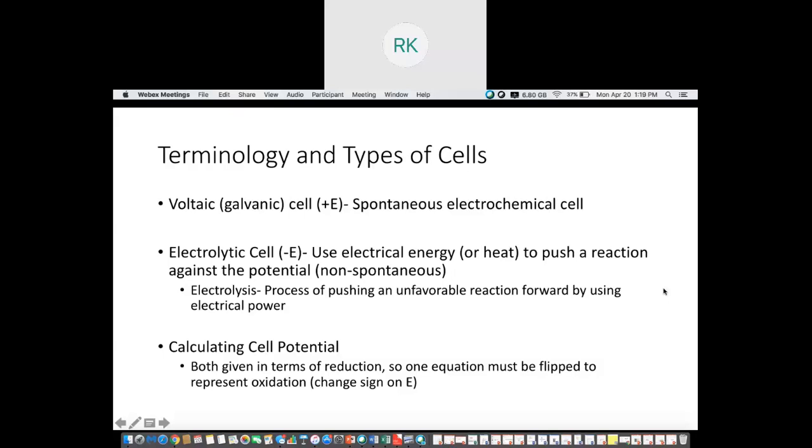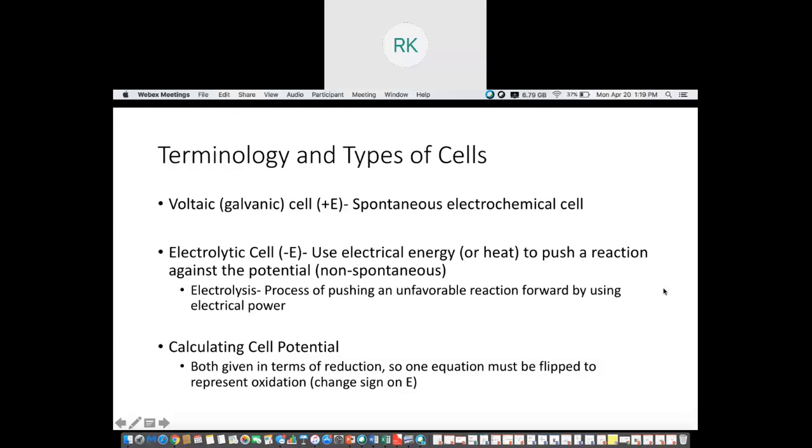Okay? Some other terms that we can throw out here, right? A lot of times we see very negative values for E in terms of reduction, right? If it has a very negative E value, that means it probably likes to become the oxidation reaction, right? And why would that make sense?